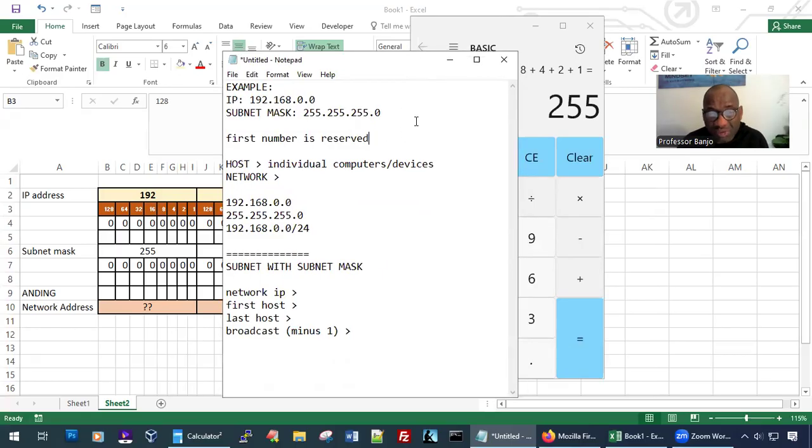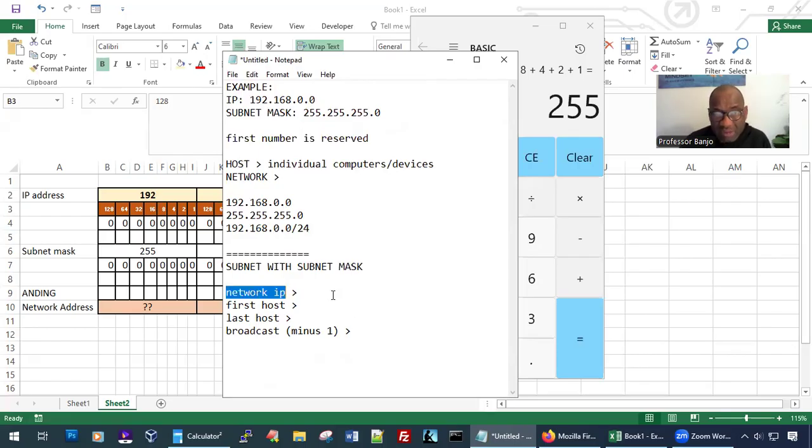So the first number is reserved, and when you go down here, this is probably going to help us better. The first number in the IP range is your network IP, right? The last number is your broadcast address, which you use when you want to send messages to all the computers in that network.